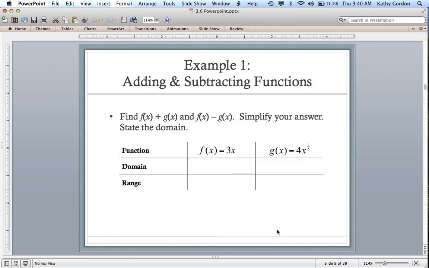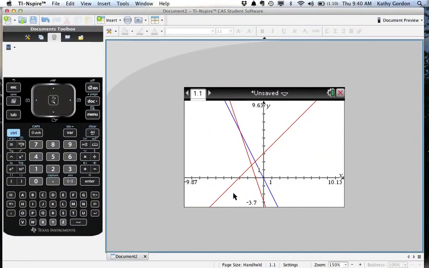All right, now let's try something a little bit more complicated. So this time I have an f function of 3x and a g function of 4x to the 1/2 power, which we know now also is the same as saying 4 square root of x. So if I go over here and set that one up, I already have these set up in here, so I'm just going to turn these two off.